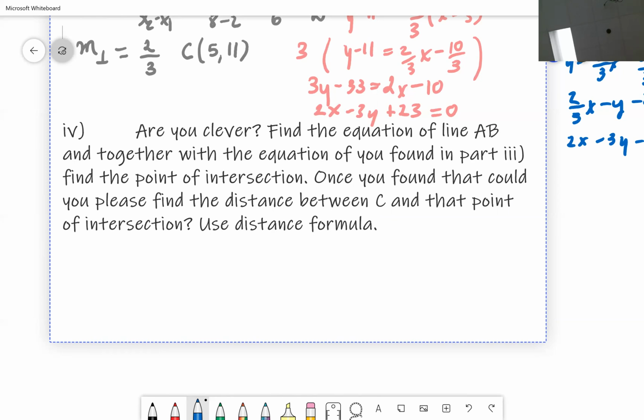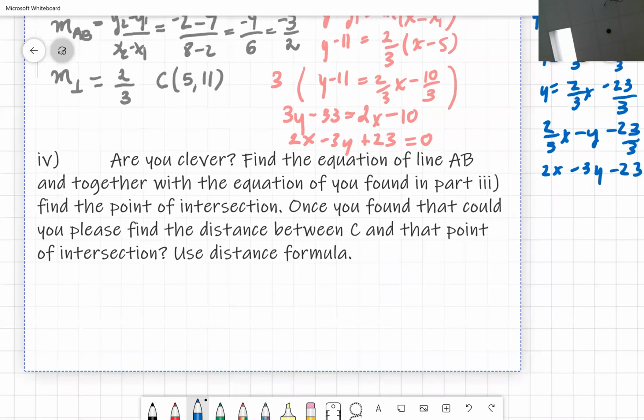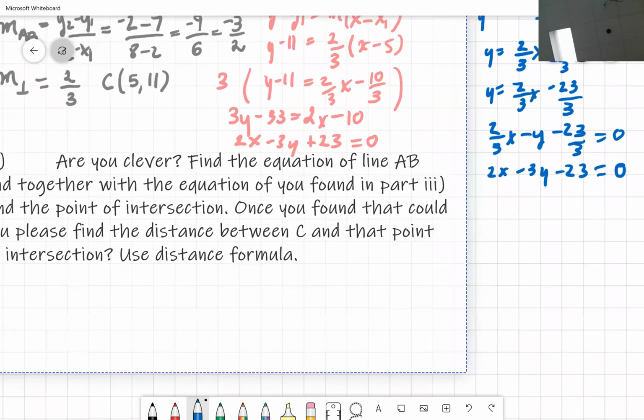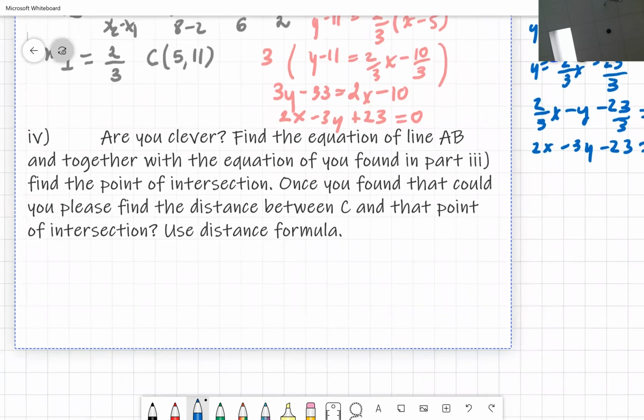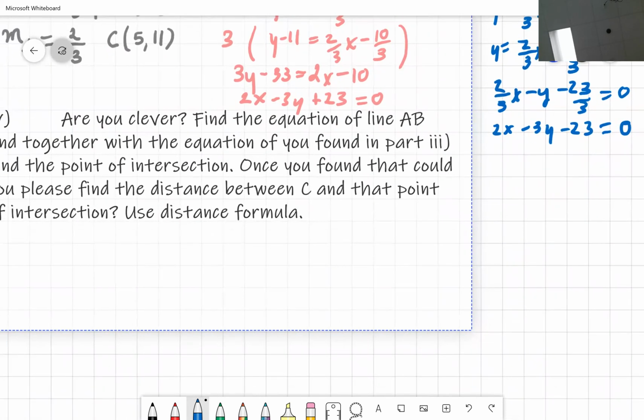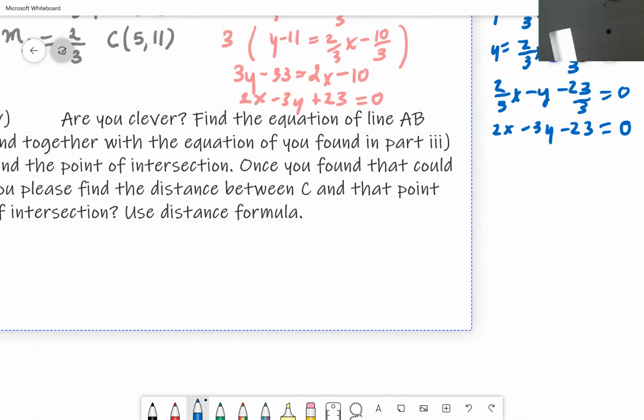Are you clever? Find equations. So we found, it's nice that I did it the nice way over here. Like if you come over here, on the blue, you notice that I wrote y equals 2/3 x minus 23/3. So that's the equation. To do this problem, we want to have it like that. Be careful.